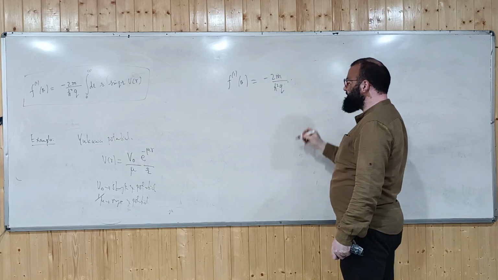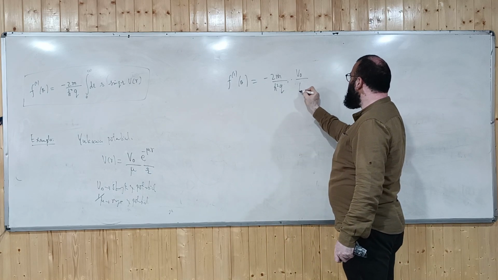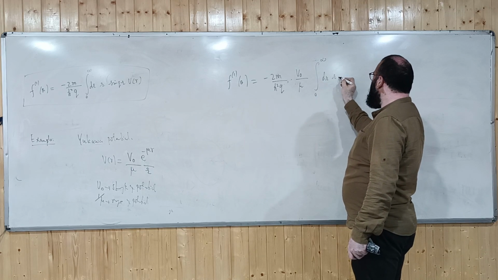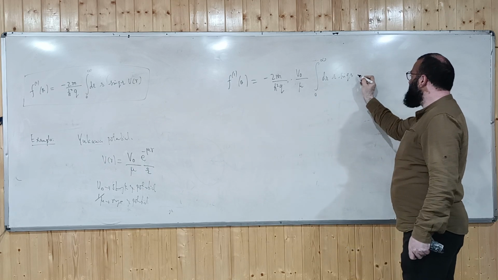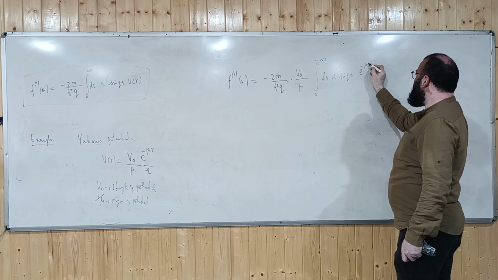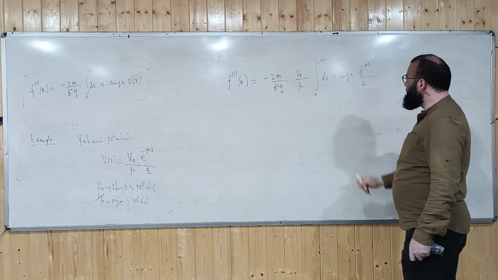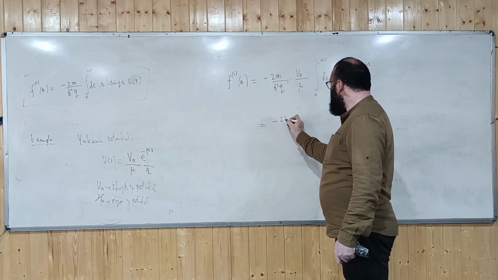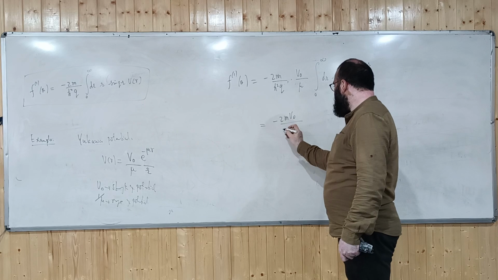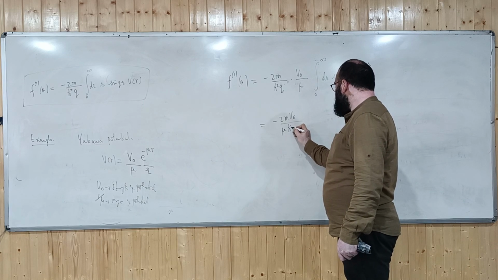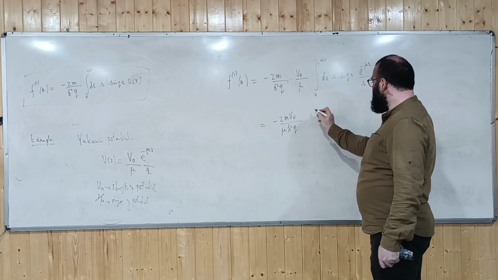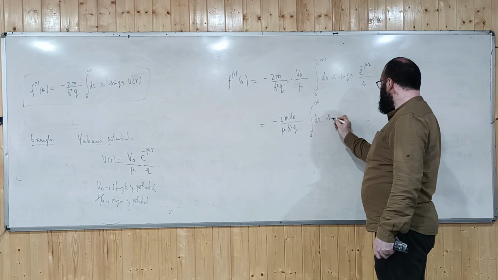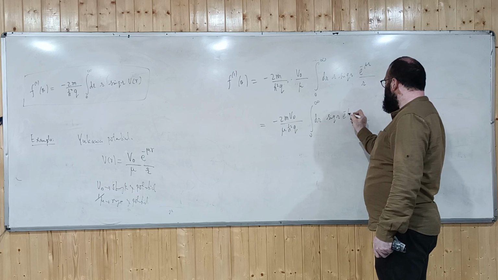What you have is V of r, which is V naught divided by mu, integral 0 to infinity dr r sine of qr, times e raised to minus mu r divided by r. So r and r cancel. It's minus twice m V naught divided by mu h cross square q, times the integral 0 to infinity dr sine of qr e raised to minus mu r.